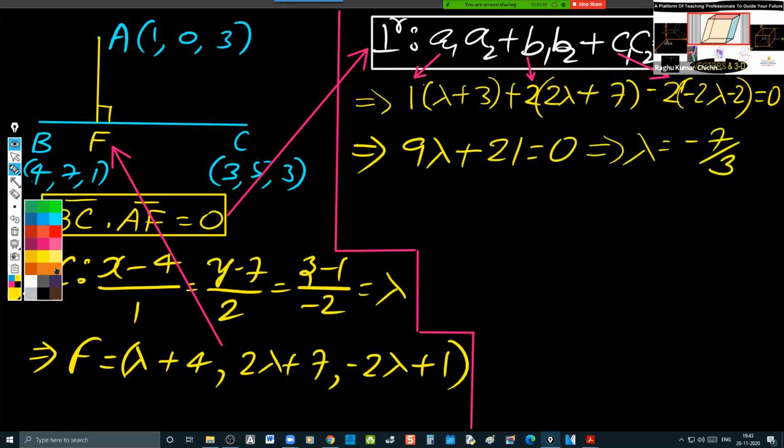Therefore, we need F here. F is nothing but the foot of the perpendicular.